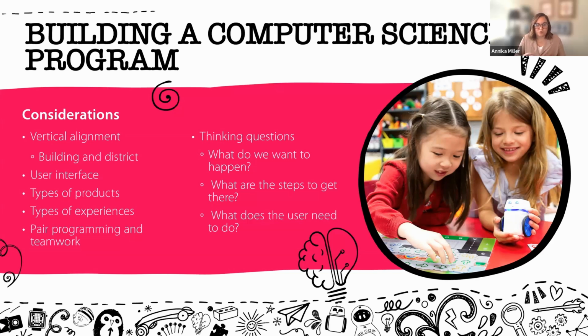What are the steps or movements that need to happen to get there? And what does the user need to do? Whenever I decide what products to use, I think about what teaches the computer science concept the best without extra distractions.